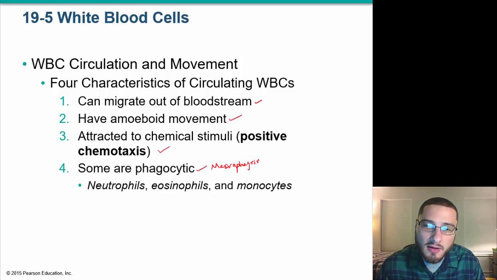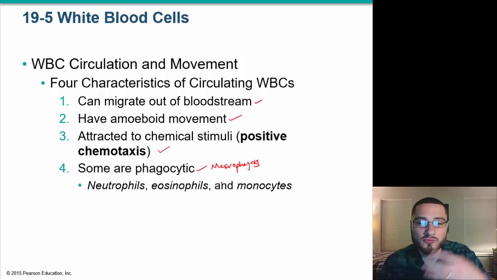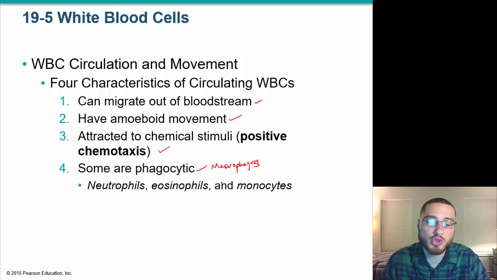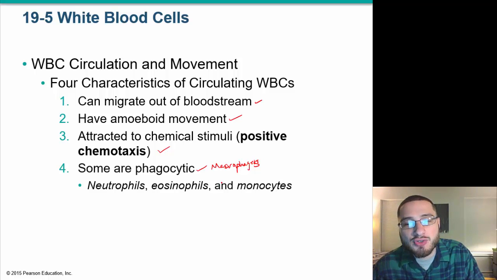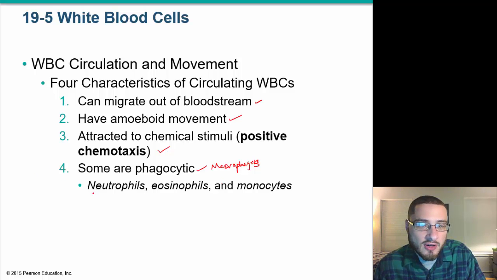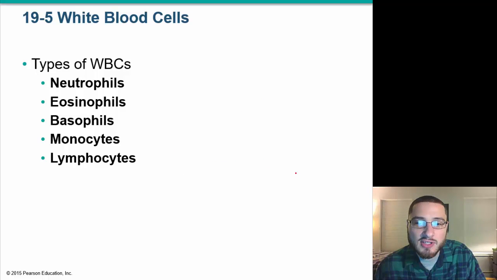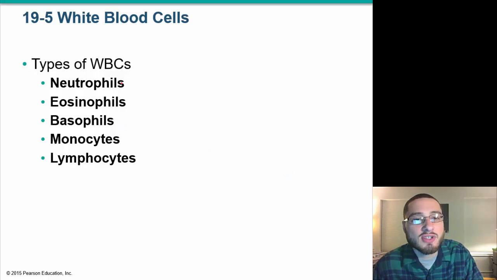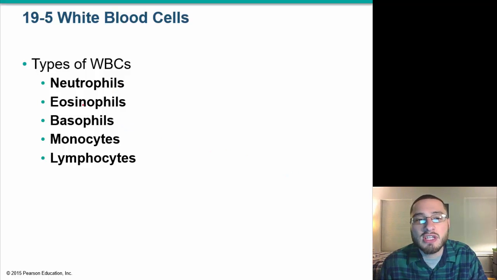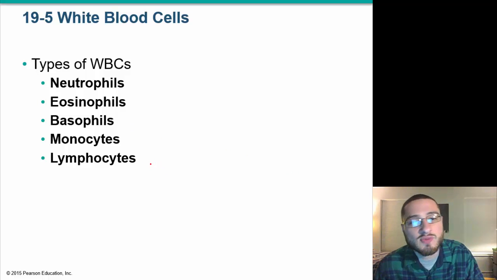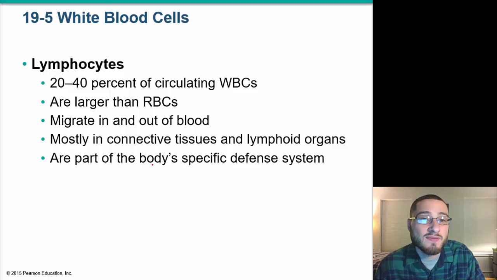And they are going to really engulf or consume the foreign bodies or the foreign cells or the bacteria. And these are neutrophils, eosinophils, and a big one is monocytes. Monocytes are very important. So types of white blood cells, we have neutrophils, eosinophils, basophils, monocytes, and lymphocytes.